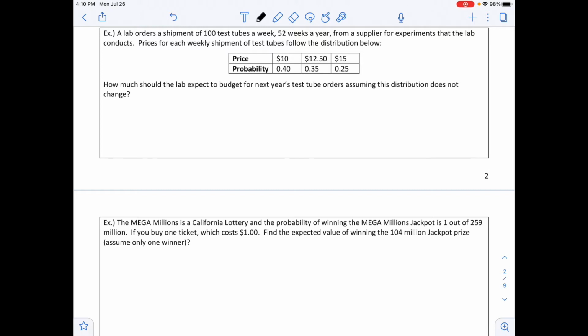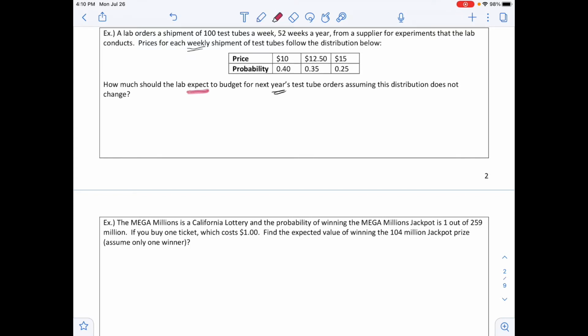How much should the lab expect to budget for the next year's test tube orders, assuming the distribution does not change? A few things to be careful with. It does ask for next year, but also notice that they're telling us in weeks. So keep that in mind when we actually go to calculate this. The other thing I would like you guys to note is that it does say how much should the lab expect.